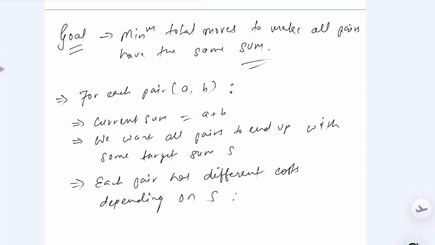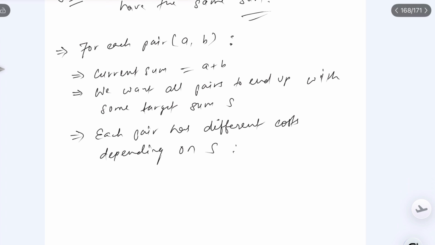For every pair, let's suppose the current sum is A plus B. We want all the pairs to end up with some target sum S. So each pair has a different cost depending on S.